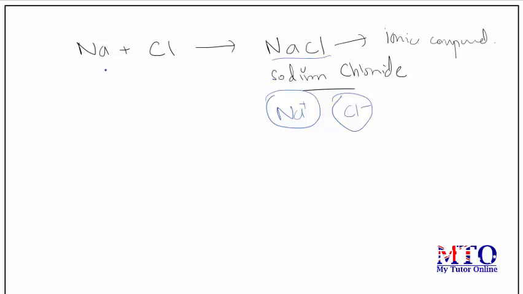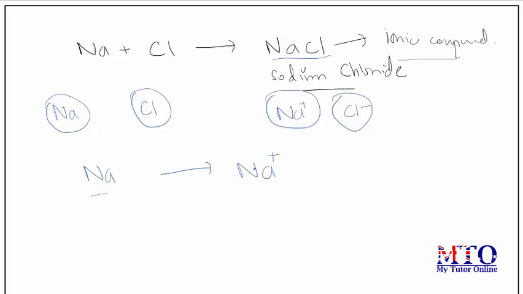So let's see what actually happened. Two independent elements, which are neutral, form an ionic compound. So what was the process by which neutral species form a compound which is ionic, having charges? Something must have converted sodium into sodium ions. Similarly, something must have converted chlorine into chloride ions.